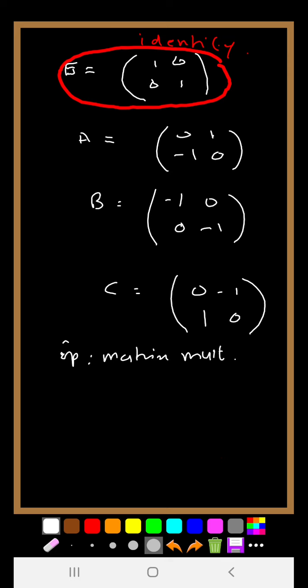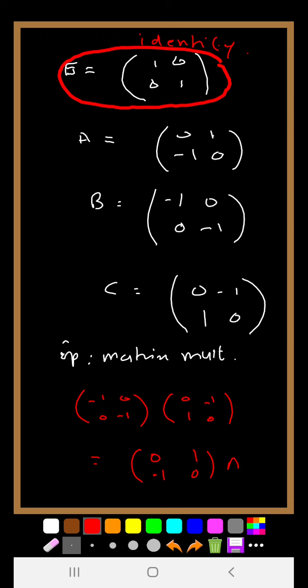Let's multiply B and C. So let's take B, that is minus 1 0 0 minus 1. This is B. It gets multiplied by C, and we get 0, then minus 1, 1, 1 here, we get 0, 0, minus 1, and again 0.